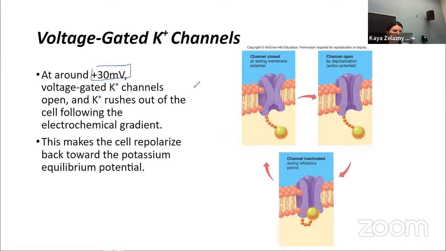So we'll talk about what I mean by that. When we look at that action potential, we see the same shape over and over again. We go up to threshold, then we have a peak, and then we have a dip.